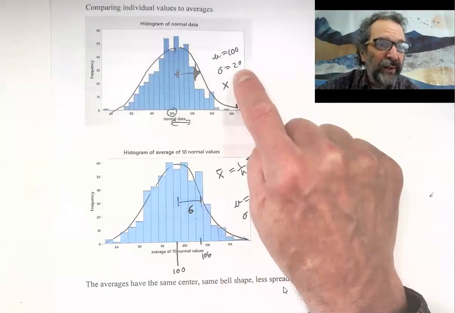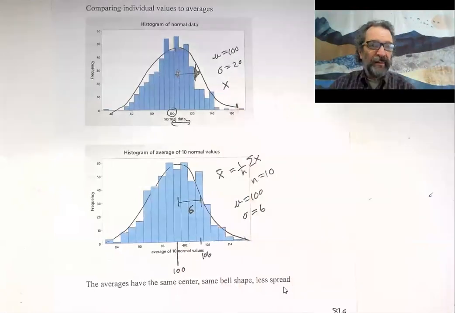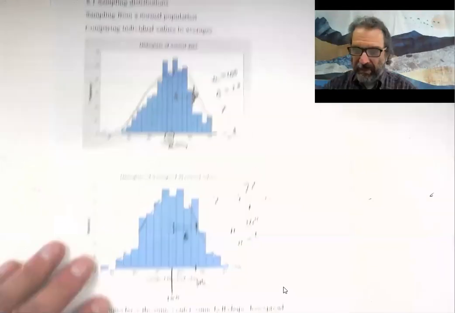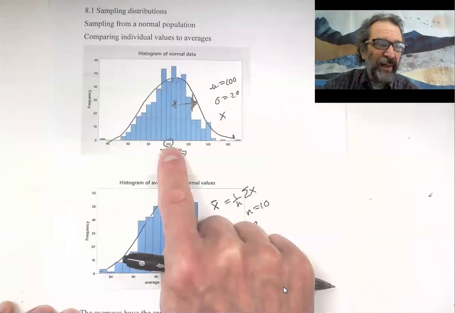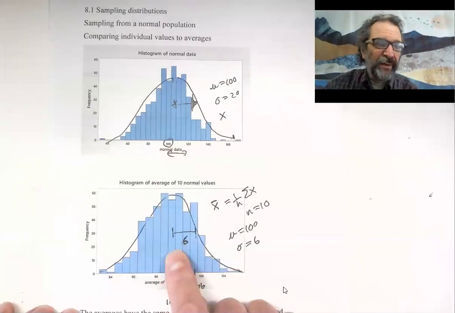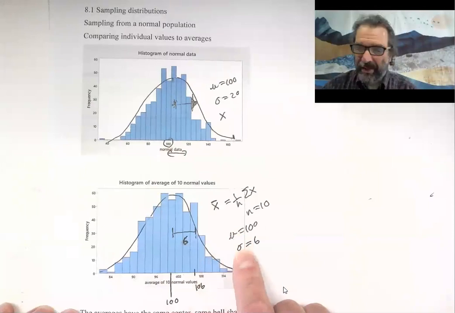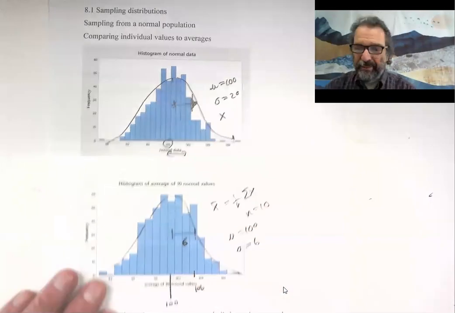You did something else. So less spread out is good, because that means averaging gives you a better idea where the mean is, because the average tends to be close to the mean. And if there's less spread, then it tends to be closer to the mean than individual values. So the sampling distribution of the sample mean for normally distributed data has a normal distribution, same mean, smaller standard deviation. That's the upshot of what we seem to be seeing here.